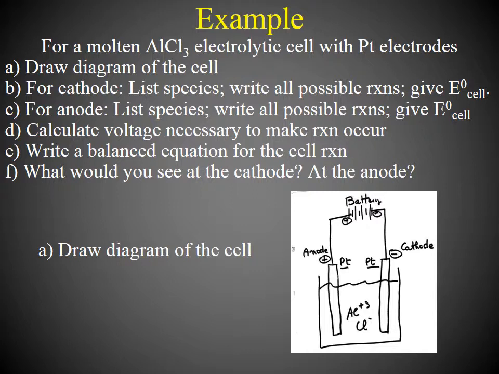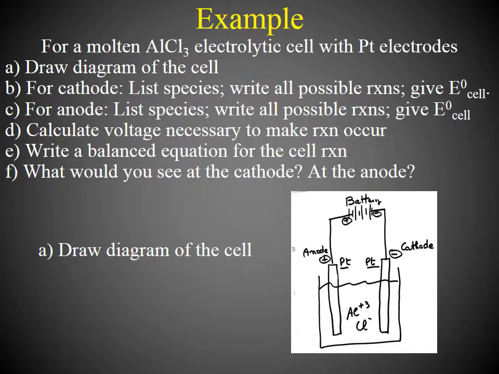Okay, here it is. For an aluminum chloride molten salt cell, in the molten mass all I would have is the aluminum ion and the chloride ion moving around. I would also have two electrodes, one the anode and one the cathode.